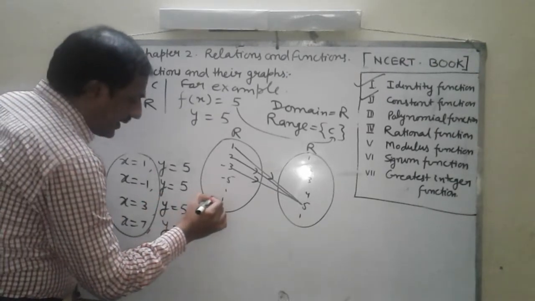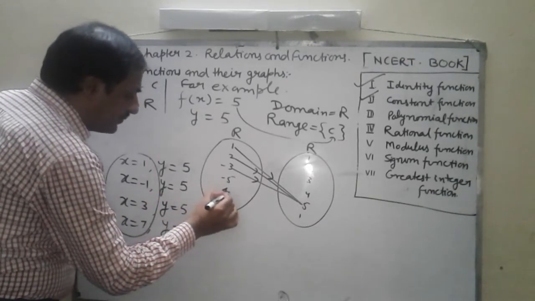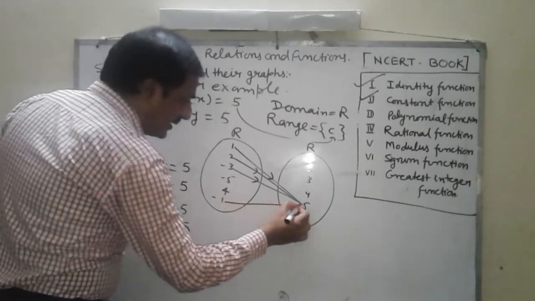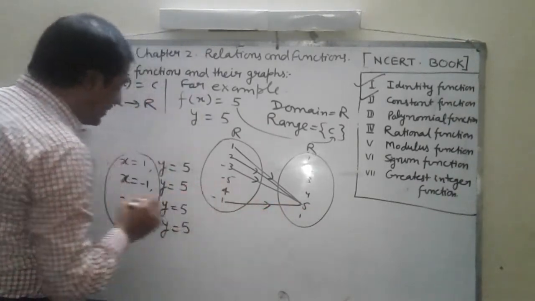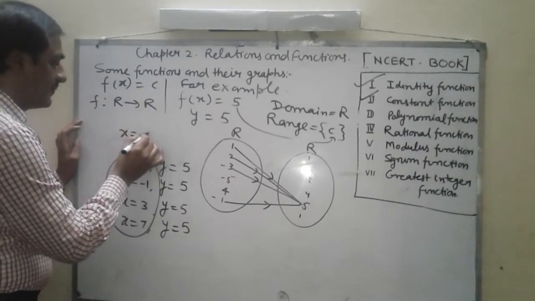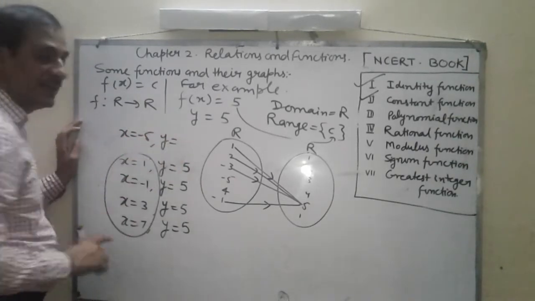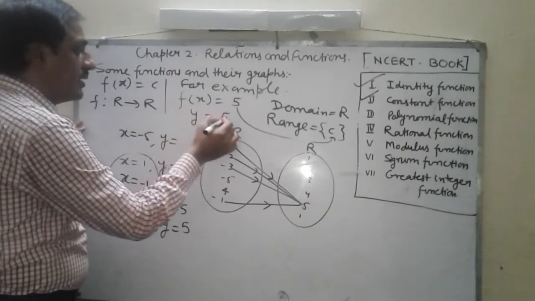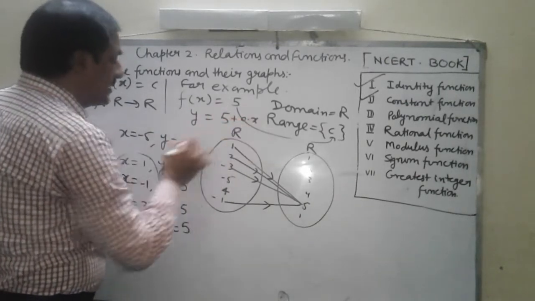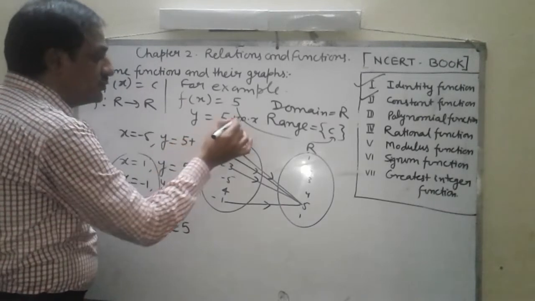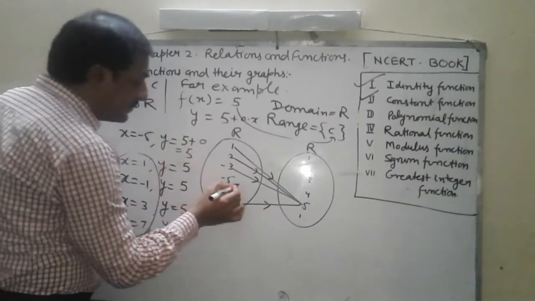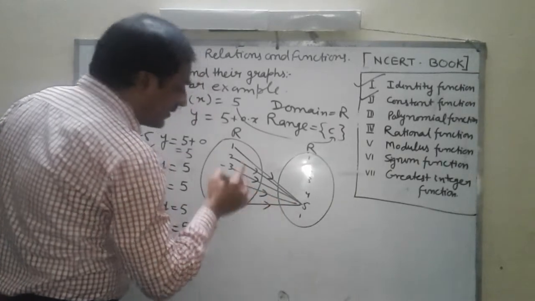If x equals -1, what should be the value of y? It is also 5. If x equals -5, what will be the value of y? 5 plus 0 times -5 is 0, so it is equal to 5. It means this is a many-one function.